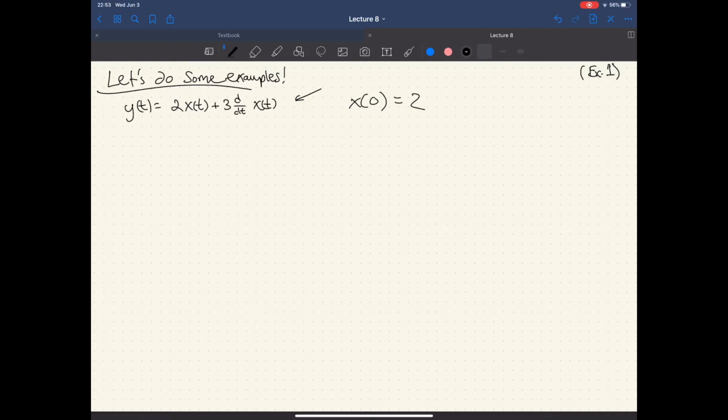Now, for most of these problems that we're going to be dealing with, and in particular for pretty much most of the course, our system really doesn't start before time t equals 0, for the most part. There's a lot of exceptions to that. But by and large, we don't like to deal with stuff before t equals 0. And there's a couple of reasons for that I'll get into later.